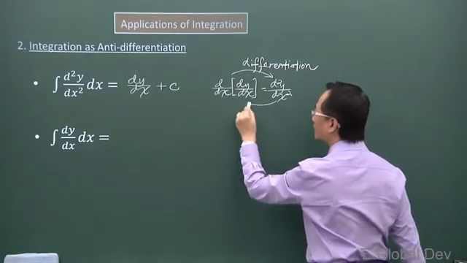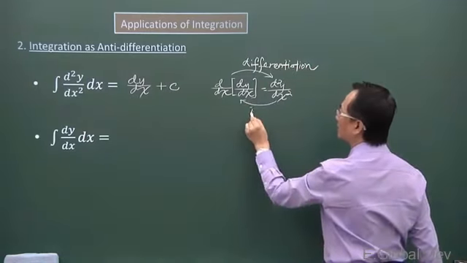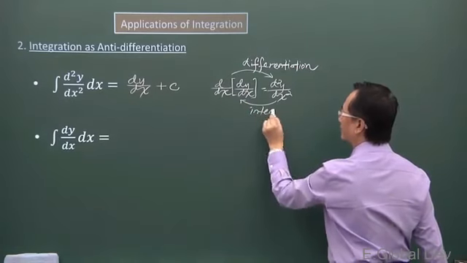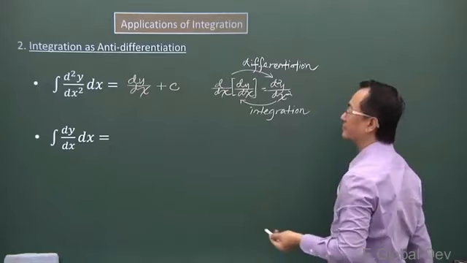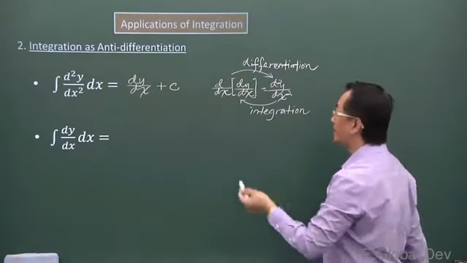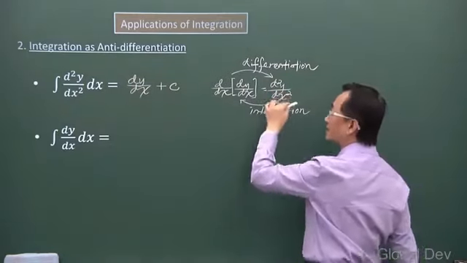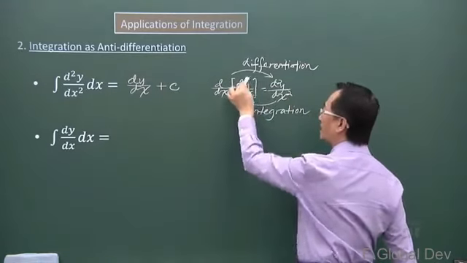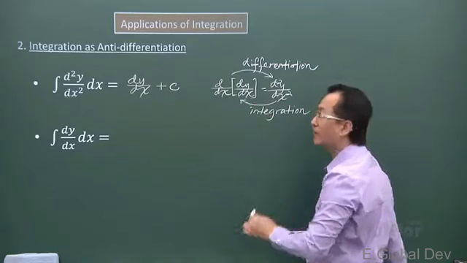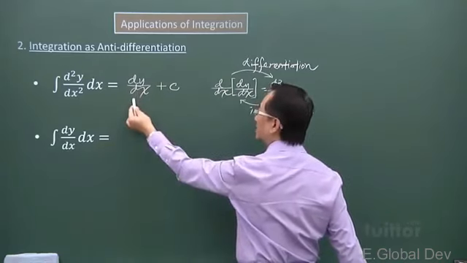The reverse process will be integration. That's why you can see here, if I integrate this with respect to x, I'll get back what's in the square bracket, dy over dx.